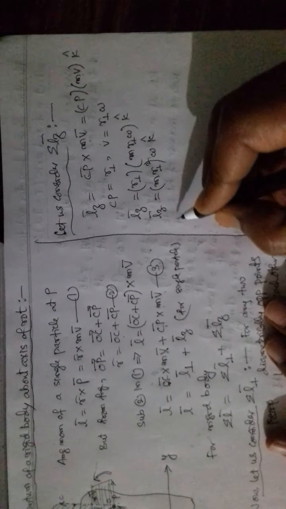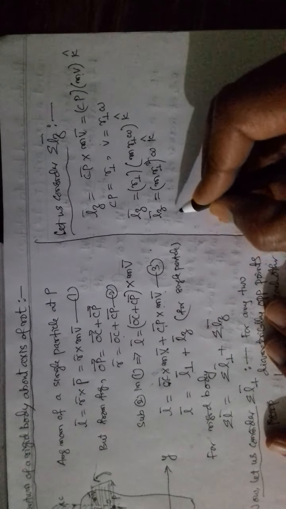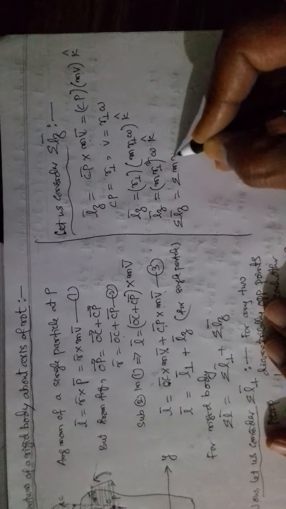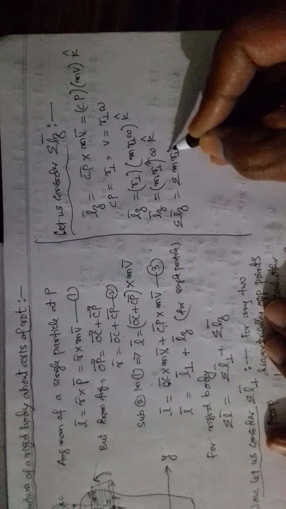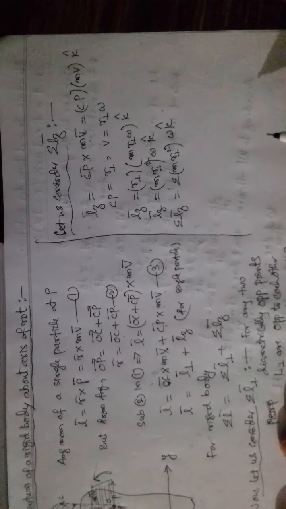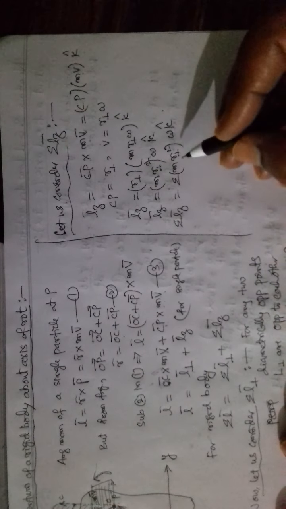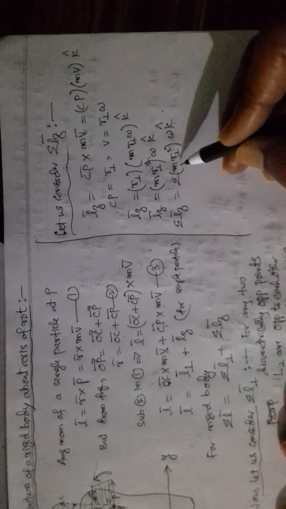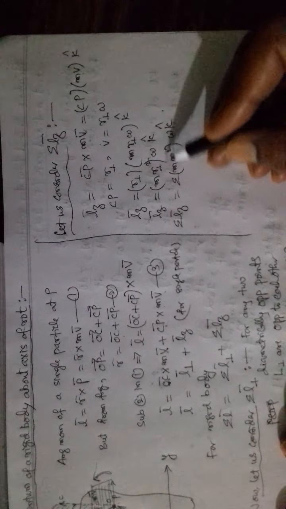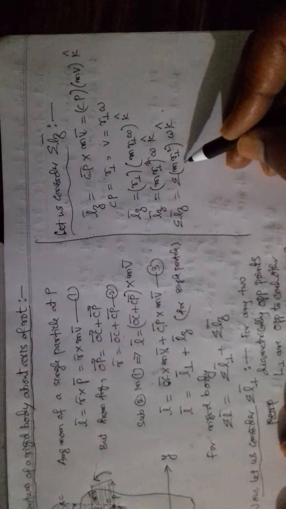Now taking summation on both sides. The summation of mi r perpendicular square is nothing but the moment of inertia, m1 r1 square plus m2 r2 square, like that.